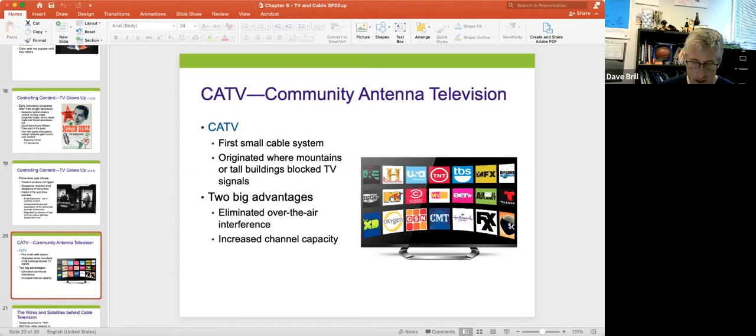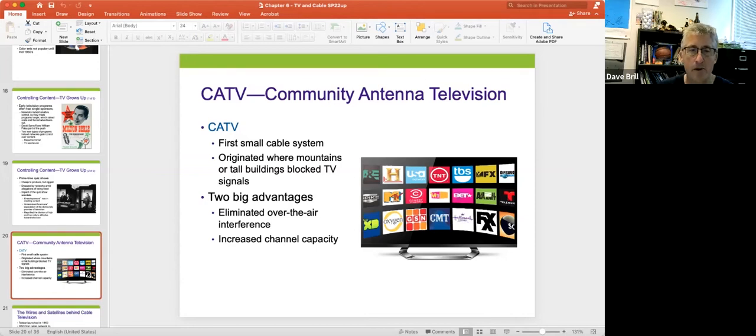But TV sales personnel, broadcasters, and electronic firms saw big advantages of cable, right? Each channel was separate, thus avoiding over-the-air interference, and the ability to increase channel capacity because of running signals through what's called coaxial cable, right? So cable also delivered clear reception, but it did rely on wires.